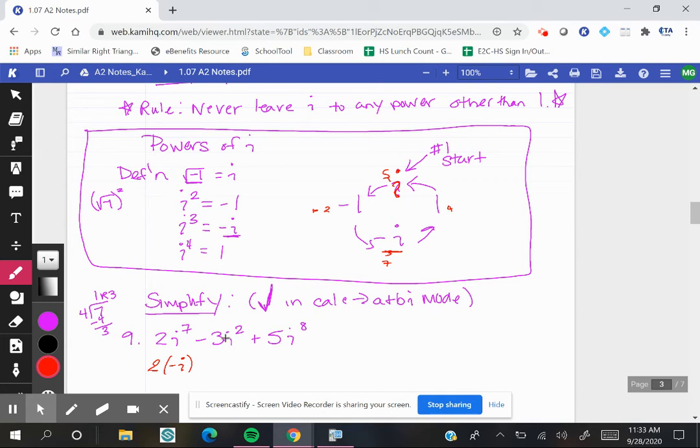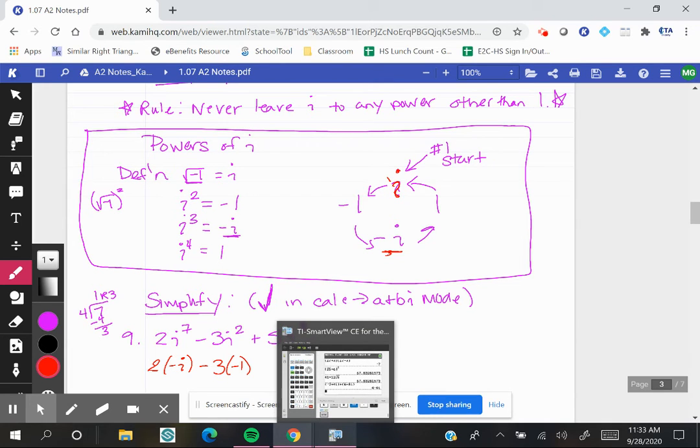Then I do -3 times i squared. So again, I'd start at the top with number 1, and I would count. So I'd count 1, 2. Well, at 2, I'm at -1 now. So i squared is -1. Now that's the one we're going to use the most, is i squared. So hopefully you have that memorized.